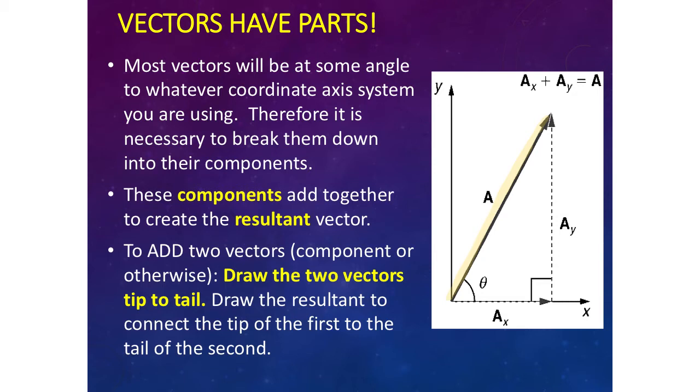That vector A, let's say I am interested in going from this point here at the origin to this point here. I can follow the pathway of A. I could just walk that pathway if this was a map. But that's not the only way I can get from the first point to the second point. I could take a different pathway.